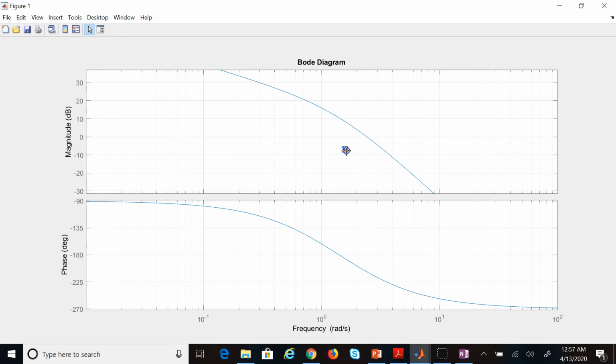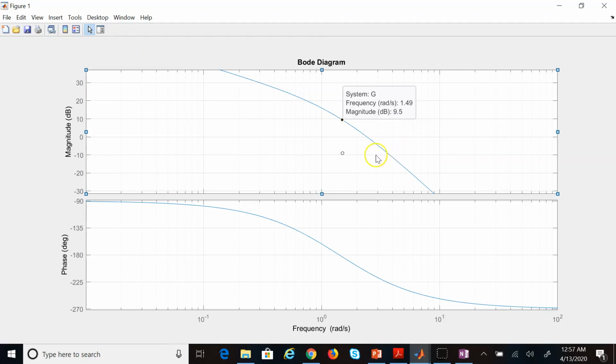It should be around here. If you forgot where 1.5 is, you can put the data tip back, okay? But it was here, so right below that, but at negative 9.5 decibel. So you're looking at something like this, almost.